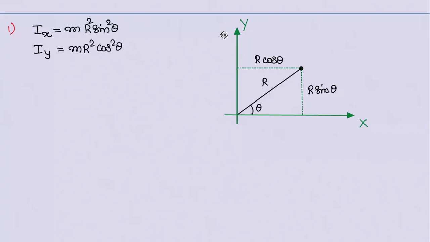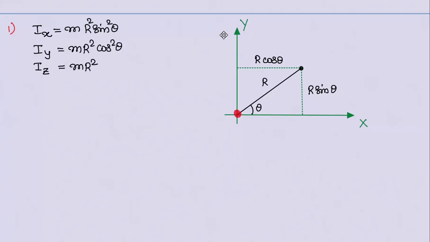The perpendicular distance is very important. What about Iz? mr square, because for z-axis, I can't show it to you. Do one thing, take your pen or pencil, keep it at this point and keep the pencil perpendicular to the screen. That is z-axis.